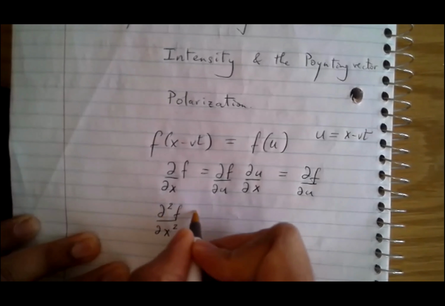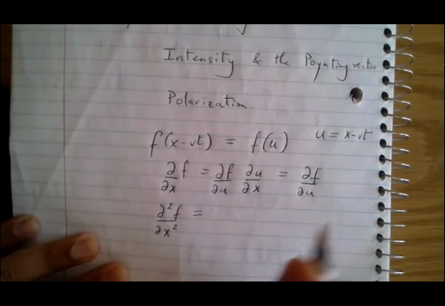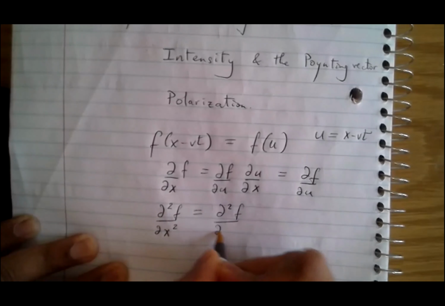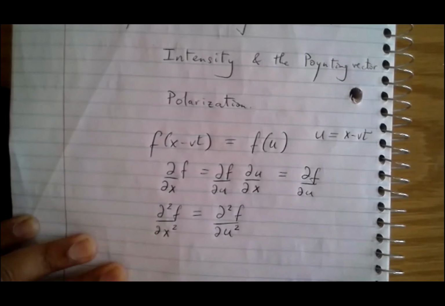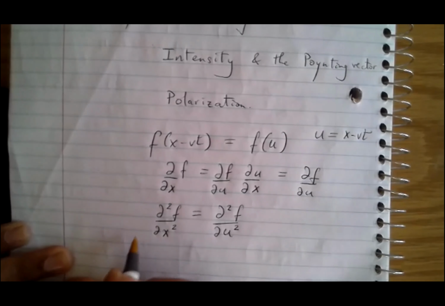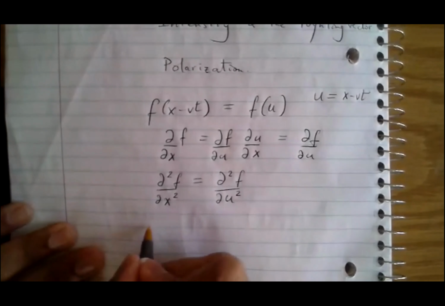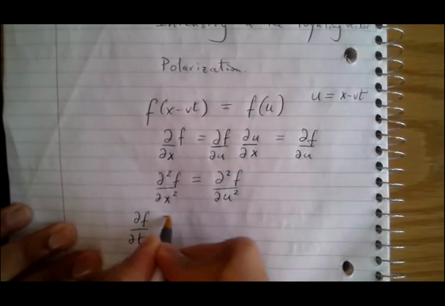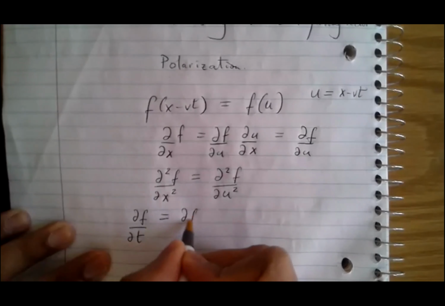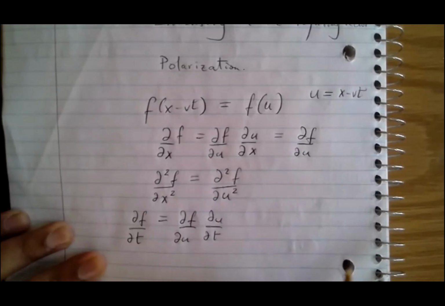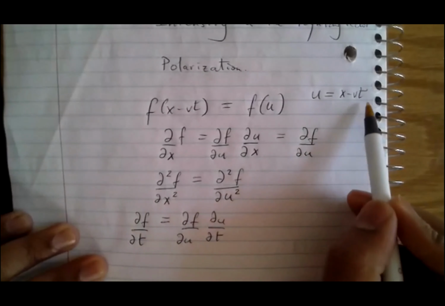So I take one more derivative with respect to x, and what I end up with is the second derivative with respect to u. All right, but now what if I take a derivative of f with respect to time? I can write that as partial f partial u times partial u partial t, where u is x minus vt.